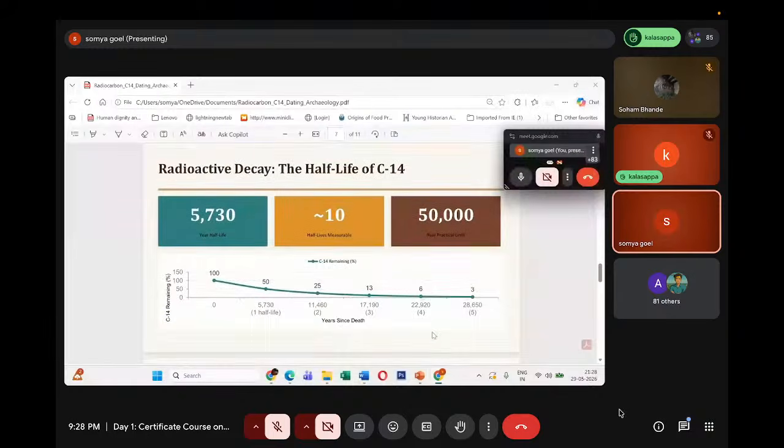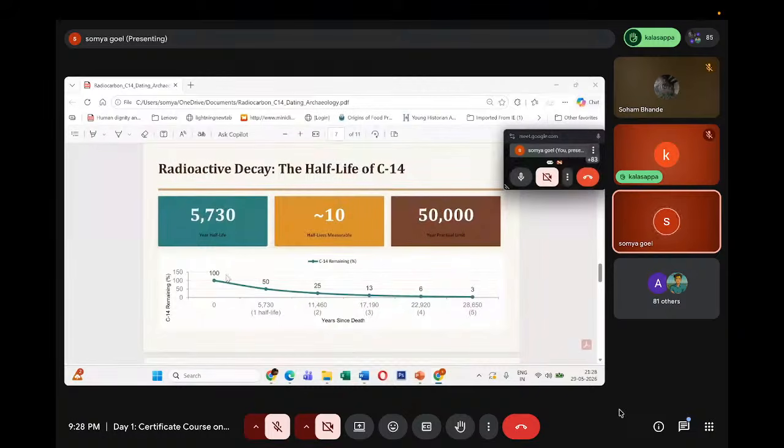If we look at this curve, note that this is not a flat line. This is a decay curve. It drops steeply for the initial years, like the first half life, and then becomes close to flat as we move on.